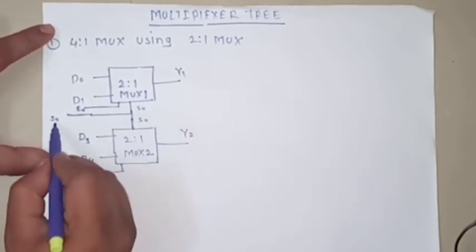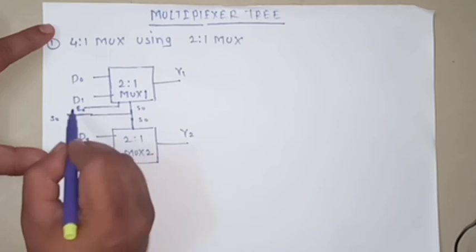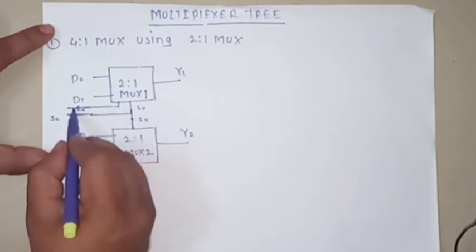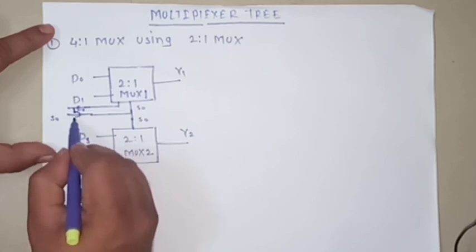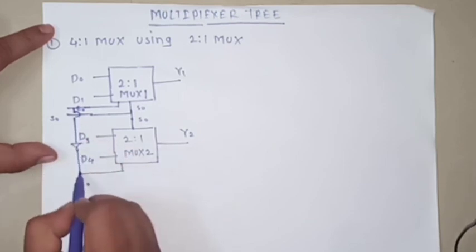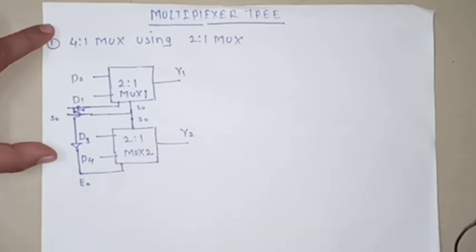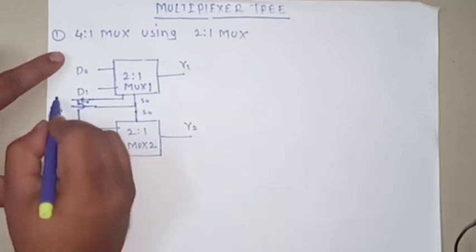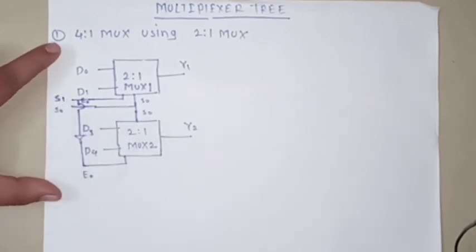Now I get the first select line, and the second select line I will generate from this enable line. Here I will connect a NOT gate, connected to E0, and this is the select line S1.